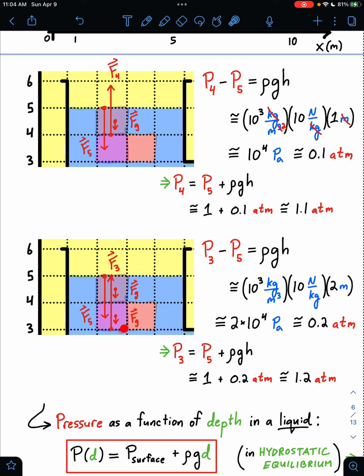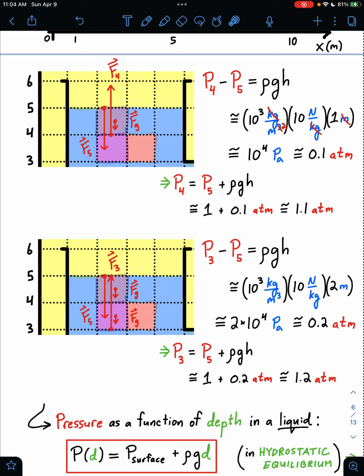So here we're kind of looking at this stack of 2 fluid elements together, the density of that water, times little g, times the height of that combined fluid element, treating these 2 cubes as 1. So a total height of 2 meters between these two positions. So then that calculation is going to give us twice as much as our previous calculation.